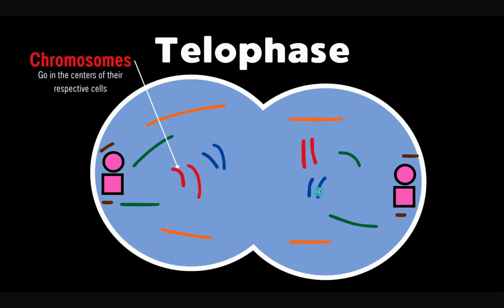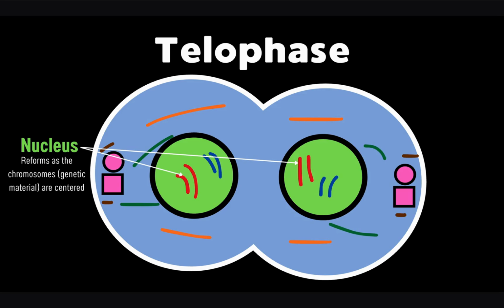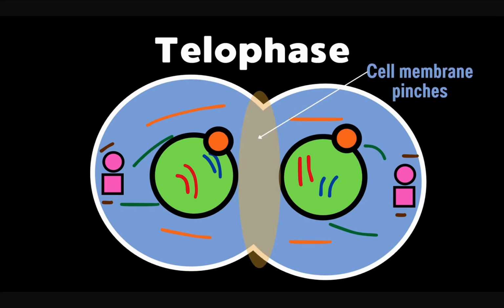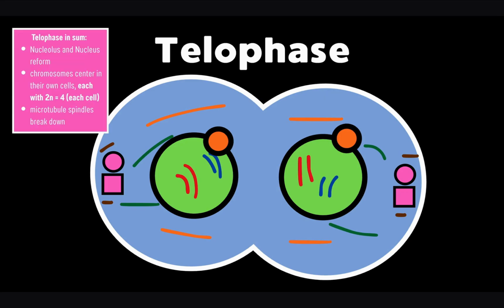They're going to go and center themselves which allows for the formation of the nucleus and the nucleolus as well. So now you can see like these two cells actually forming and becoming relevant. The cell membrane is going to pinch a little bit also in telophase, which gives it like this recognizable shape here. So in telophase, the chromosomes center in their own cells.